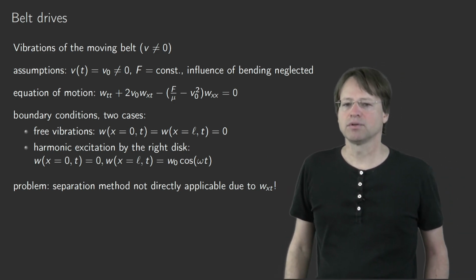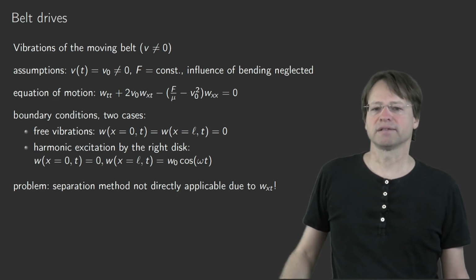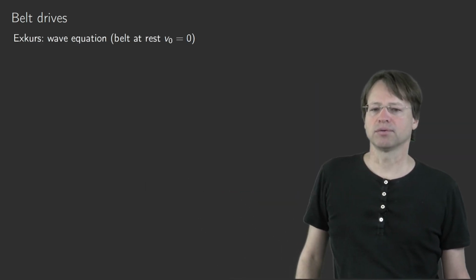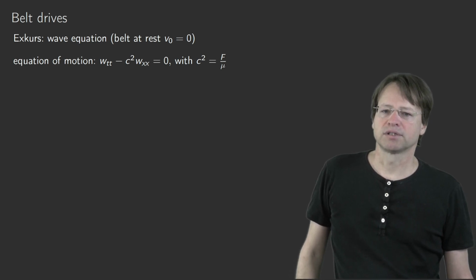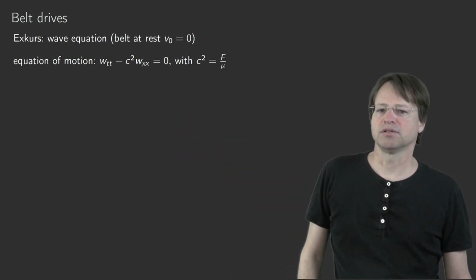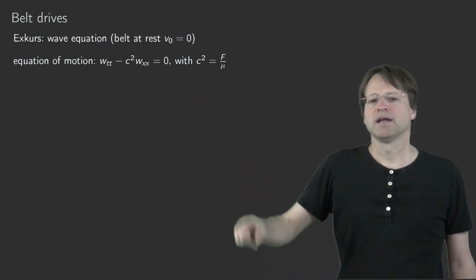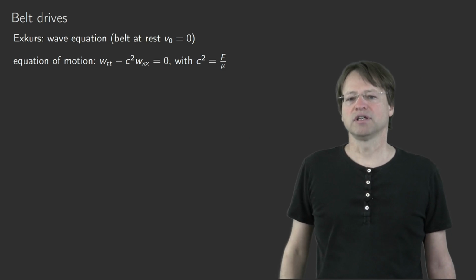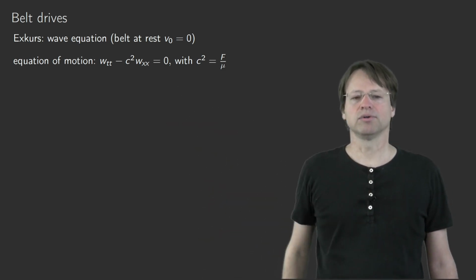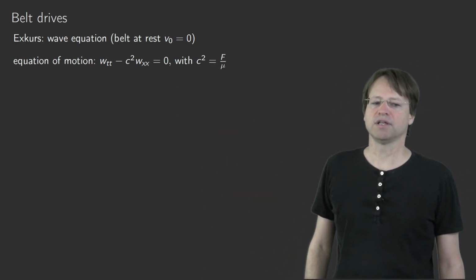So let's have a look at the equation of motion once again with v naught equal to 0, so belt at rest. v_tt minus c squared v_xx is equal to 0, because we are considering now only the preload, and c squared is then F divided by mu. Maybe that equation is known to you. It's the famous wave equation.